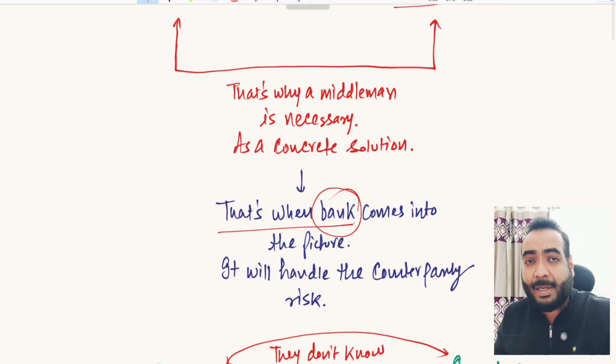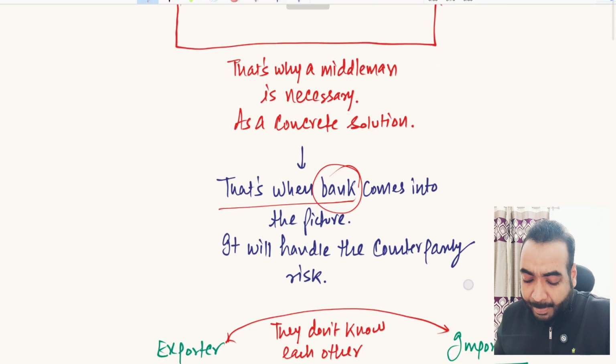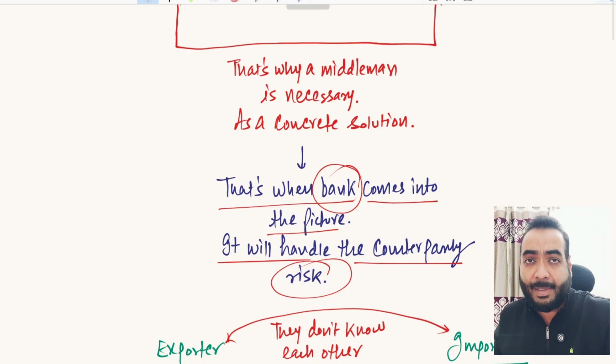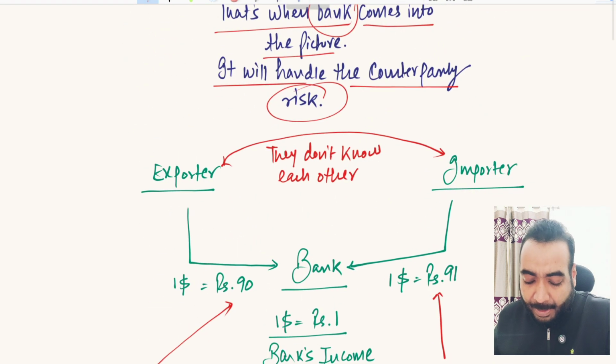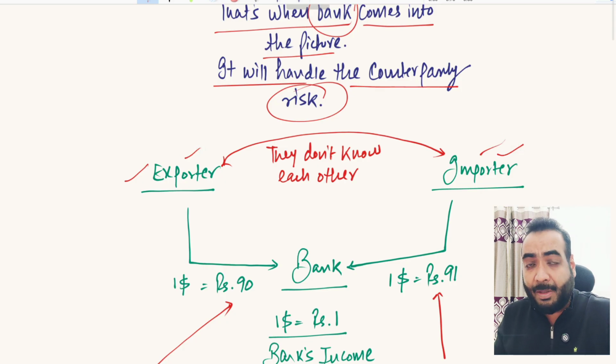The bank gets involved in this transaction as a middleman and handles all the counterparty risk. Now the exporter and importer don't know each other. That is a very important point. They know only the banker.